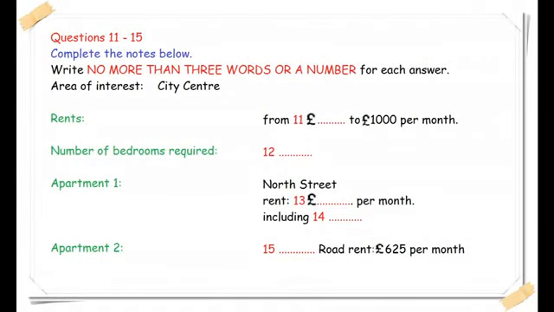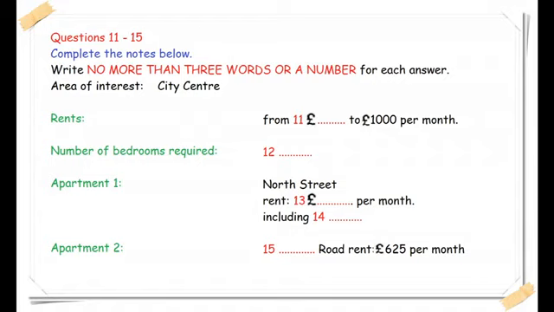You will hear Kevin Brown asking for information about renting an apartment through an agency. First, you have some time to look at questions 11 to 15. Now, listen carefully and answer questions 11 to 15.